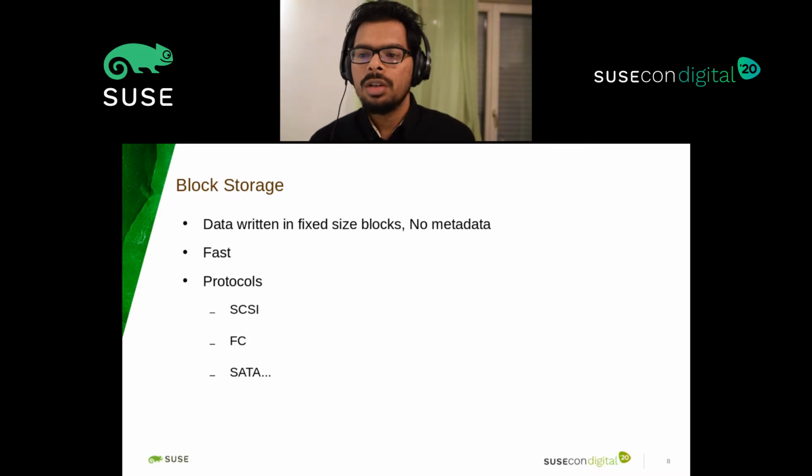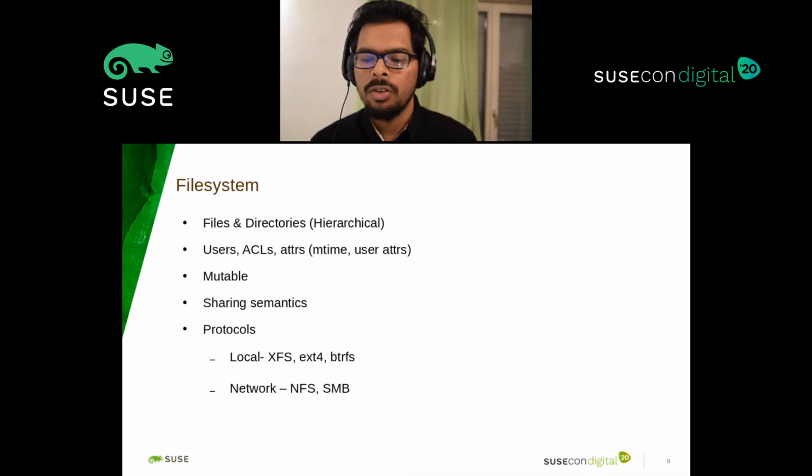Next, file system. File system is the more traditional form that we are all acquainted with. It's usually a layer over the block storage. You have files, and then you have meta things called directories, and you have users, ACLs, and attributes on files like modified time and many other custom attributes that you can attach as key value pairs.